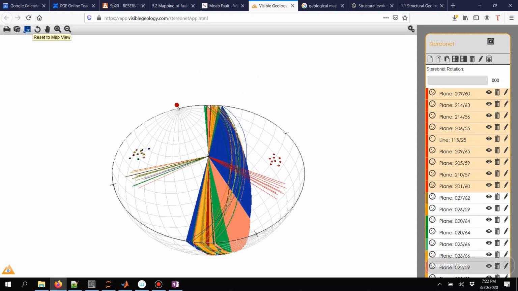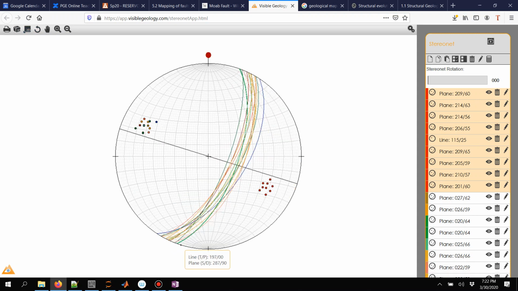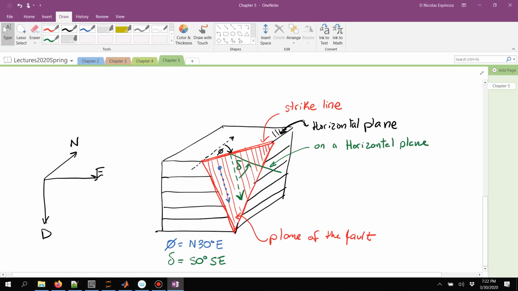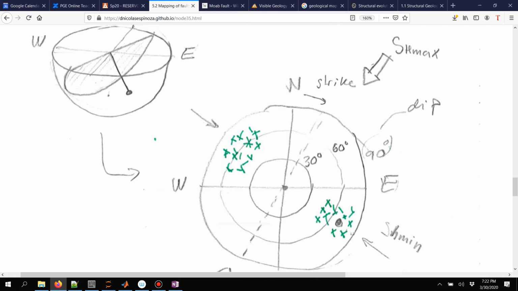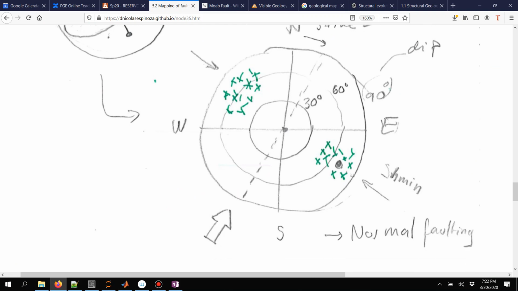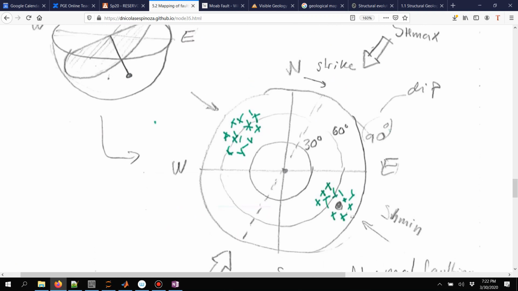So coming back to our schematic over here, this one, whenever we have a point in this stereonet, that's going to tell us the position of the dot, where it is around this stereonet is going to tell us what the strike line is, and is also going to tell us the dip.